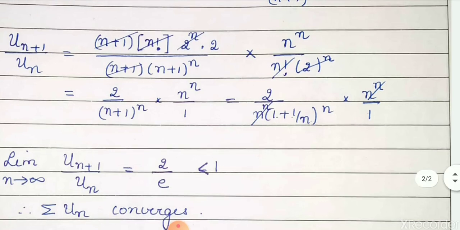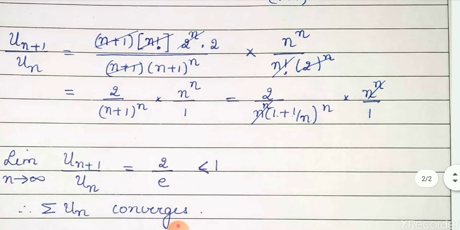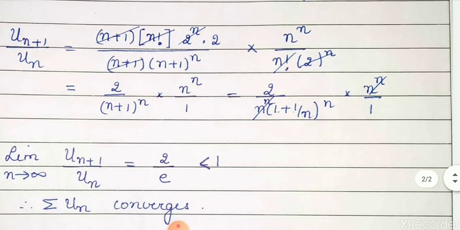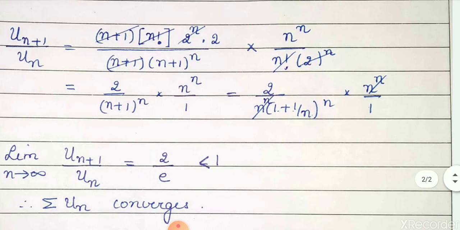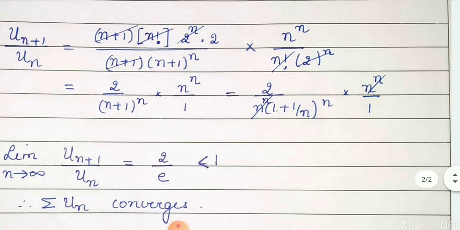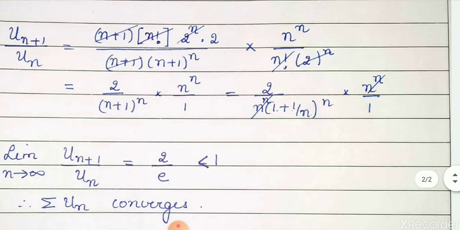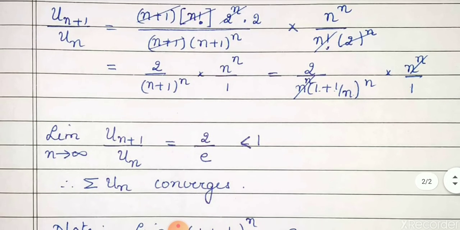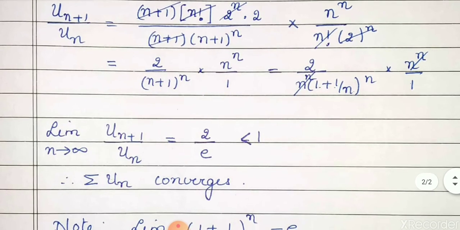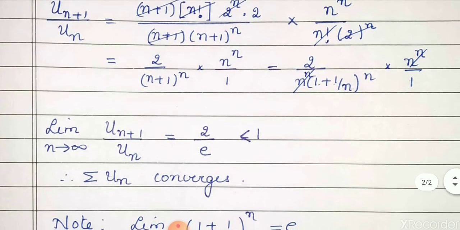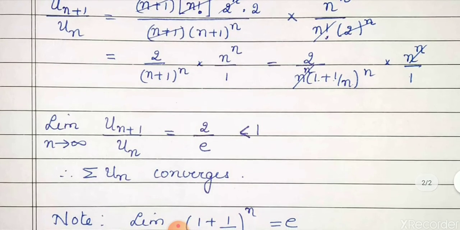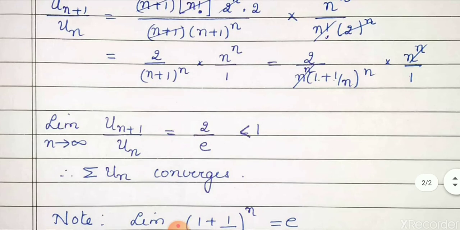Now again further you can simplify that denominator n plus 1 raised to n. Take n common, so it comes as n raised to n into 1 plus 1 by n raised to n. That gets cancelled. Okay, so what do you get here? Limit as n tends to infinity, un plus 1 divided by un will be what now? Numerator has this value 2.